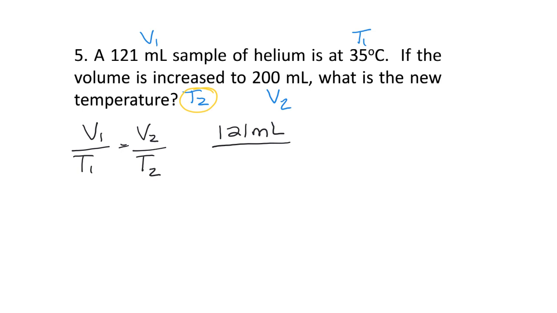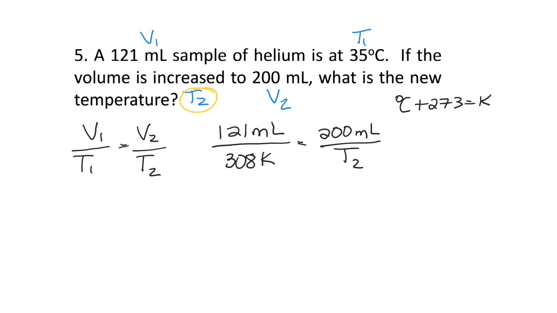You have to use Kelvin. So degrees Celsius plus 273 equals Kelvin. So 35 plus 273 is 308 Kelvin. And then 200 milliliters divided by T2. So I'm going to go ahead and do the cross multiplication.